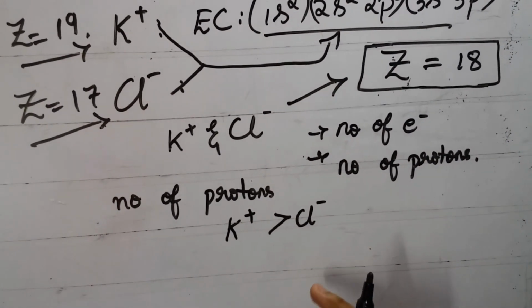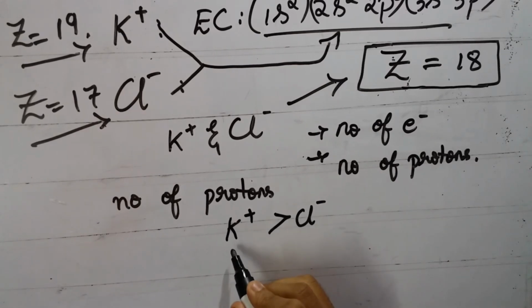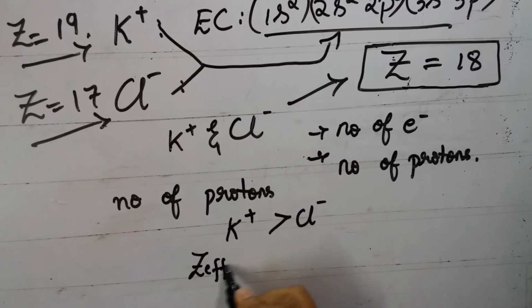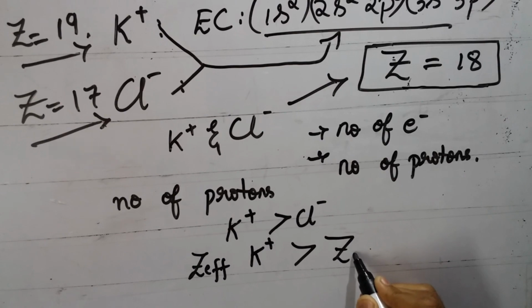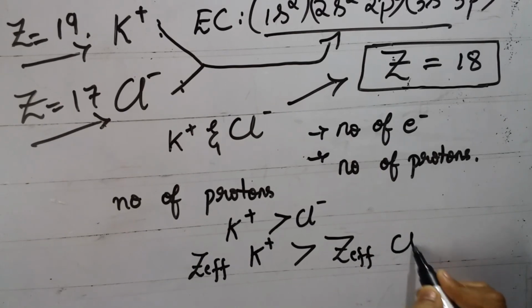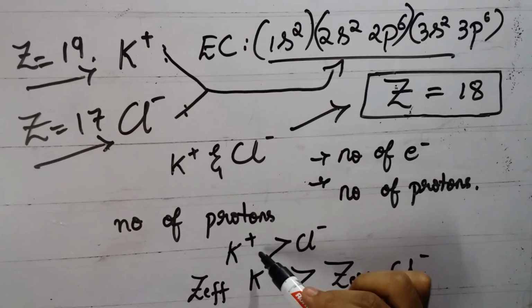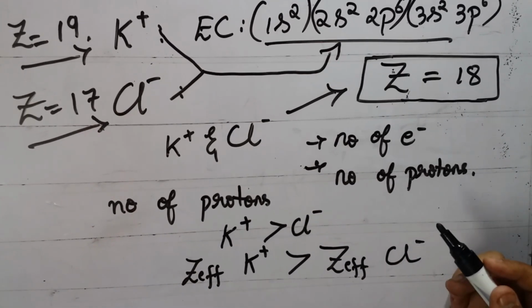Hence, the effective nuclear charge, that is the nuclear force of attraction between the nucleus and the electron, is more observed in K plus than Cl minus. Hence, the Z effective value of K plus is greater than Z effective for Cl minus, because the total number of protons in K plus is greater than Cl minus. Hence, the positive charge of the nucleus increases.